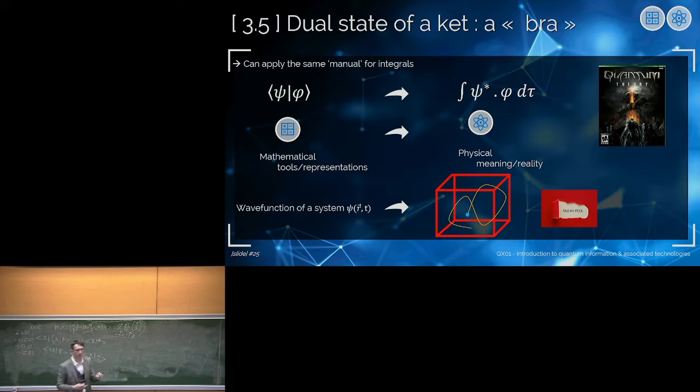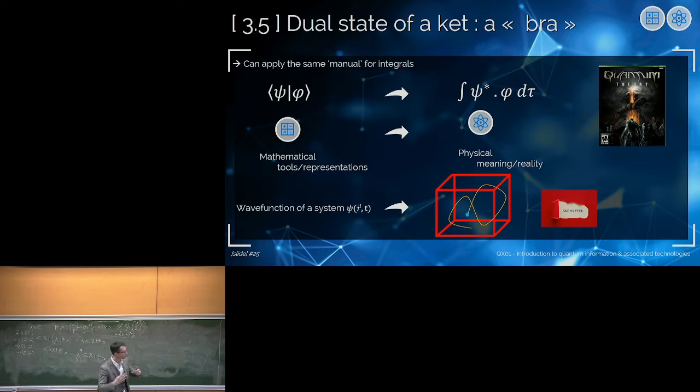So it has a physical meaning. The physical meaning is that this integration here, which is the equivalent of what we've just seen, tells you that what I calculate here is the probability to find my quantum particle, say my single electron, in a given space at a given time. Okay?